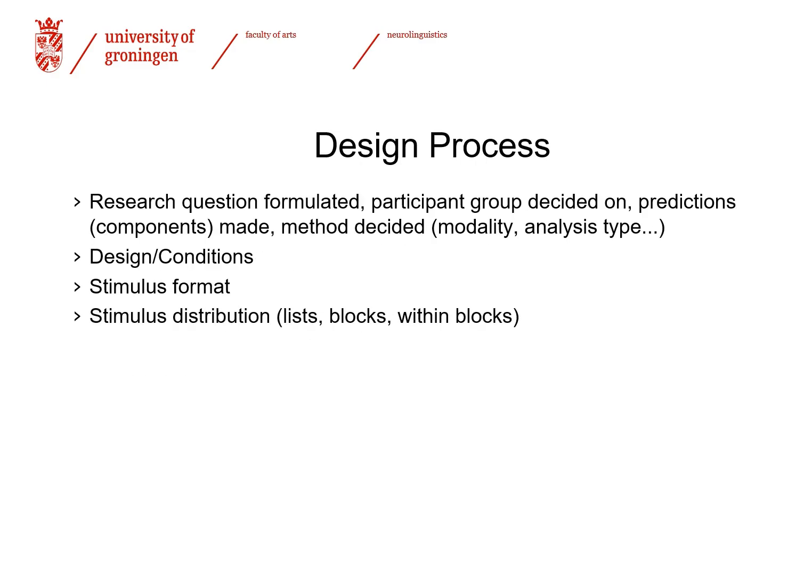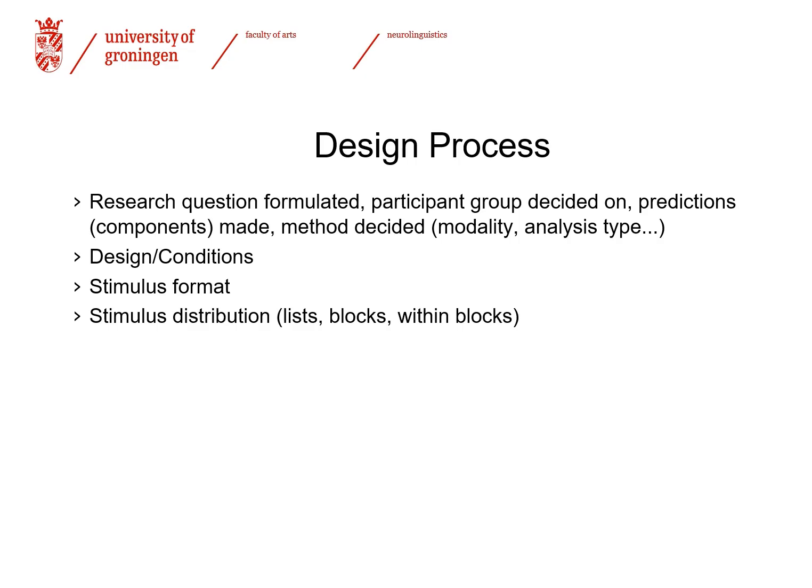Now we have decided on our research question, we have decided on our predictions, that is the components we are targeting, we've decided sort of on the method. So for example, what modality we are going to use, what kind of analysis type. We also should decide on the participant group, but this is inherent to the research question.